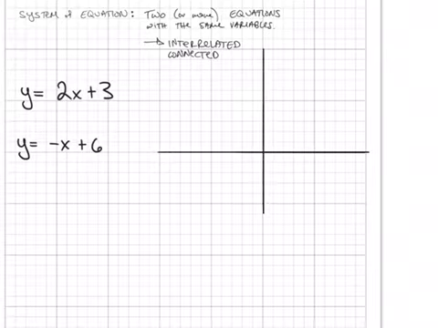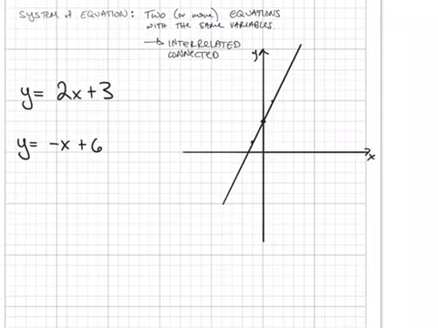Okay, so we're going to put them on our axes, y and x. Okay, and the y-intercept of 3 and a slope of 2 is going to look more or less like this. Get my ruler on those points, and you should be graphing these two more or less like that. Okay.